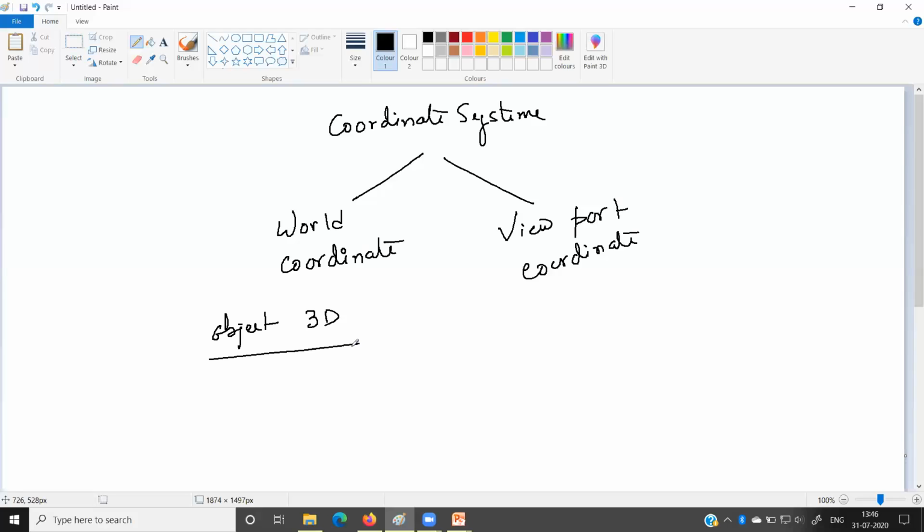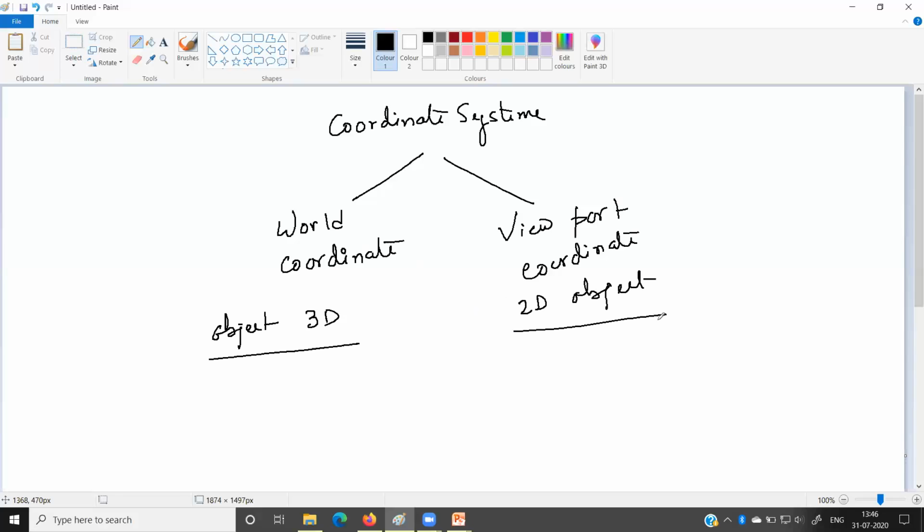But whenever we project the object on a monitor or screen, or capture an image, the objects which were in 3D form are converted into two-dimensional form.